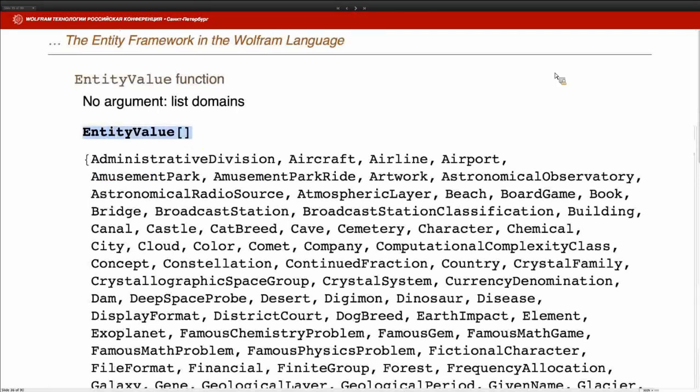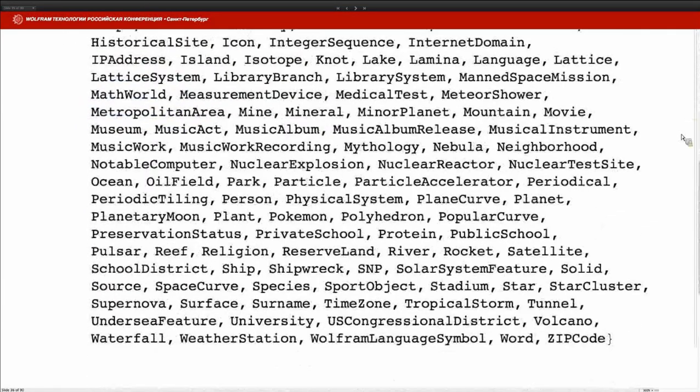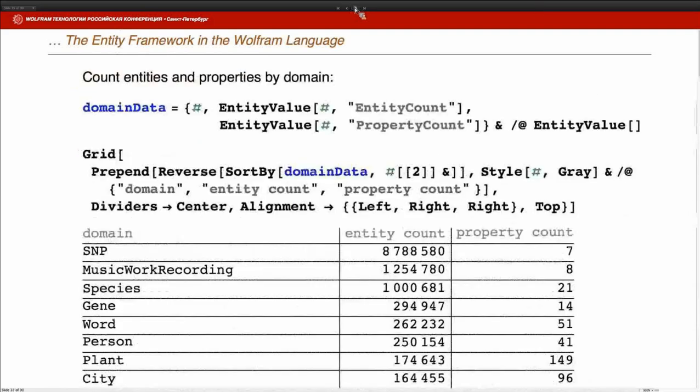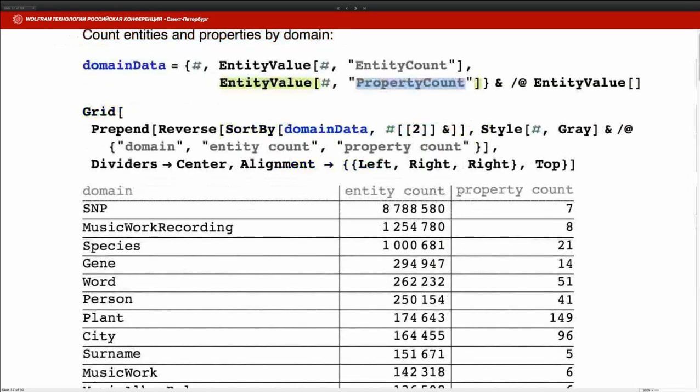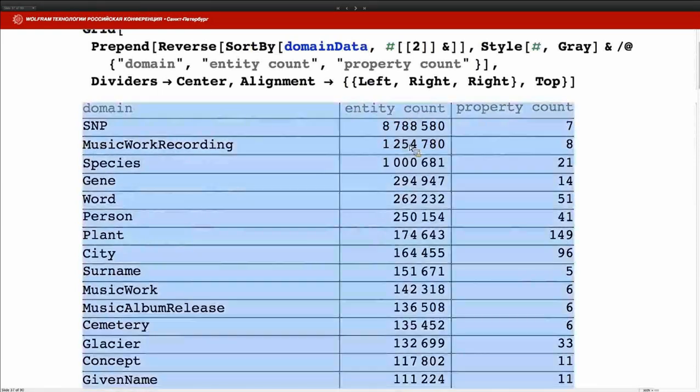So if you use entity value with no argument, you get literally all the domains for which we have knowledge collected right now. So we can count how many entities we have in each domain and how many properties. I made this for all, and of course some genomic things are very common, so there are millions and millions of them, but there's not so much to be said.